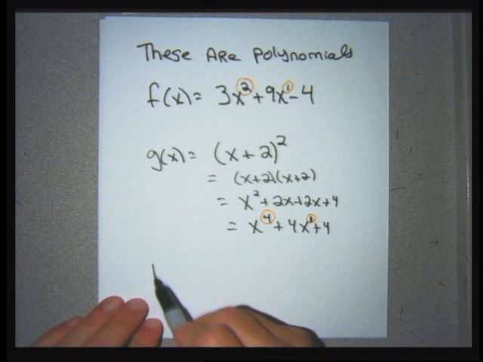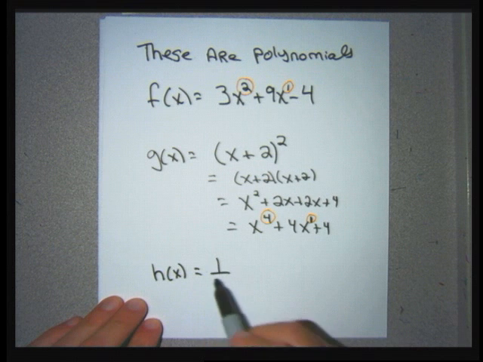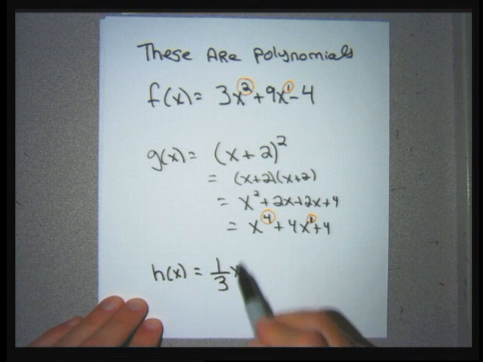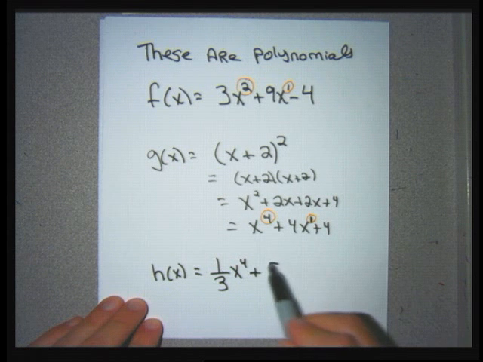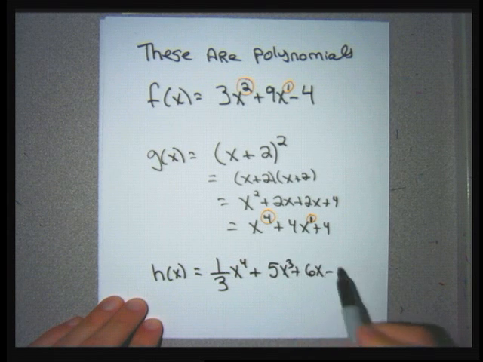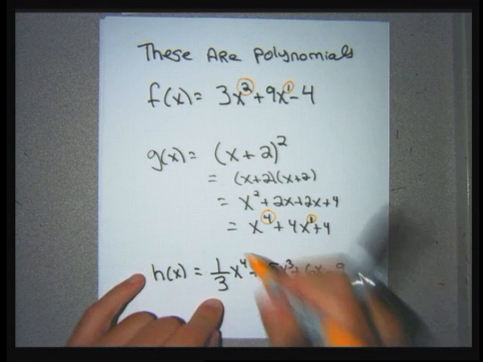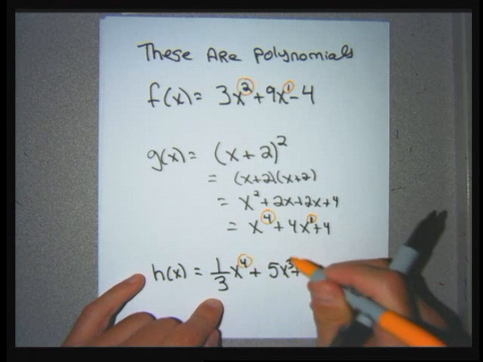It's okay to have fractions for coefficients, something like this. 1/3 x to the 4th plus 5x cubed plus 6x minus 9. That would still be considered a polynomial. The 1/3 as a coefficient isn't keeping this from being a polynomial.